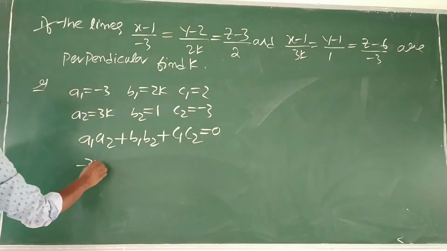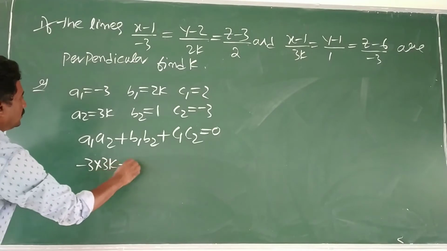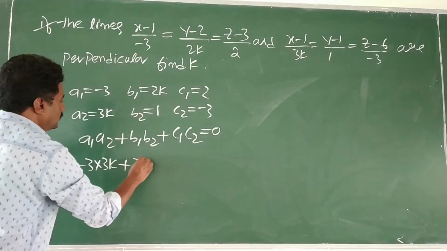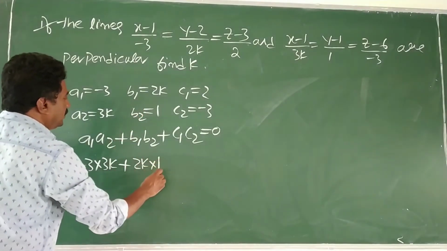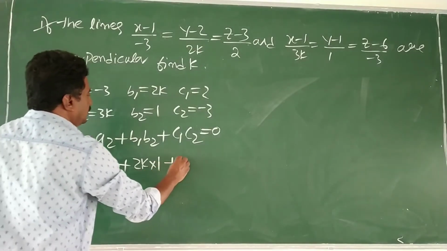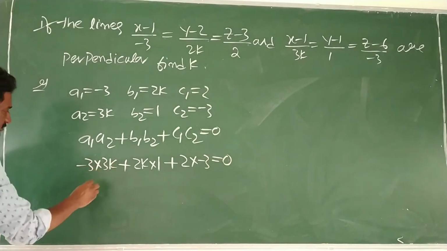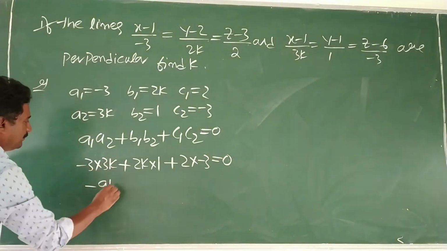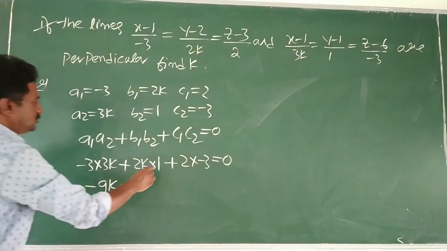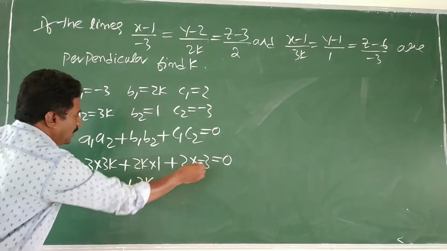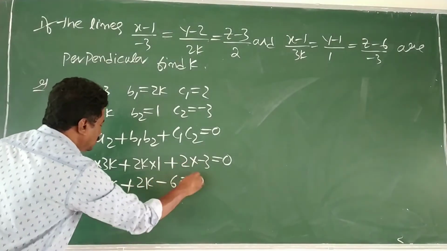Minus 3 into 3k plus 2k into 1 plus 2 into minus 3 equals 0. So minus 9k plus 2k minus 6 equals 0.